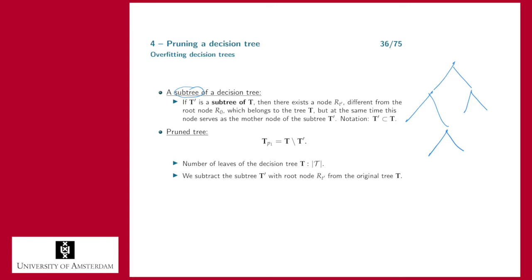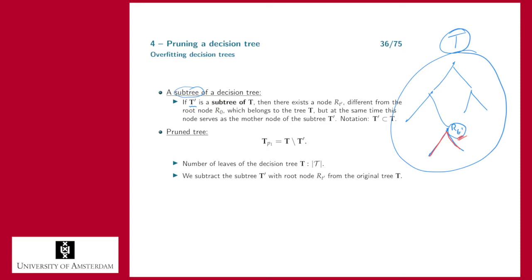So if we have a tree T here, then T prime is a subtree of T if there exists a node R_T' such that this node is a node in our tree T, but also serves as the mother node of another tree. And in this case, we can look at this red tree here. Then you see in this red tree, R_T' is the mother node.